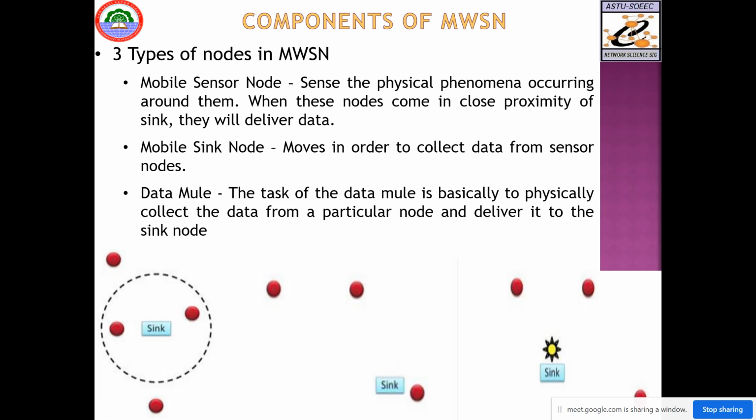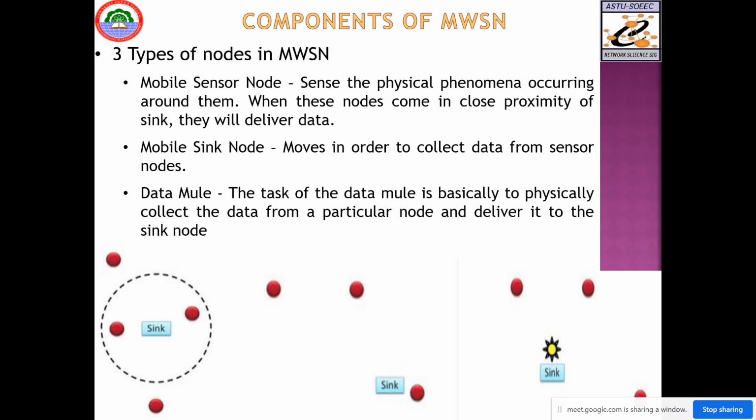That means we have a mobile sync node, which physically goes to the close proximity of each of these stationary nodes, which are in red color, and then it collects the data from these red color nodes, and the collected data is stored in the sync node itself, because the sync node is the only one moving from one location to another location.